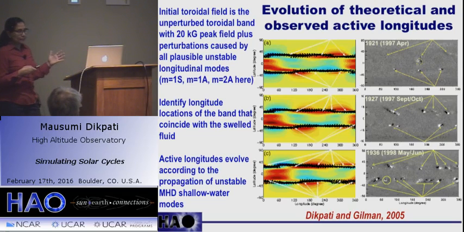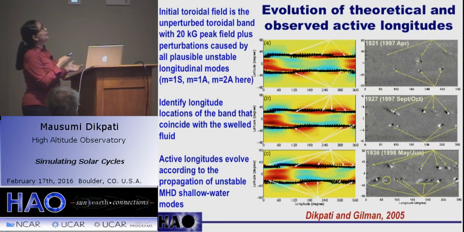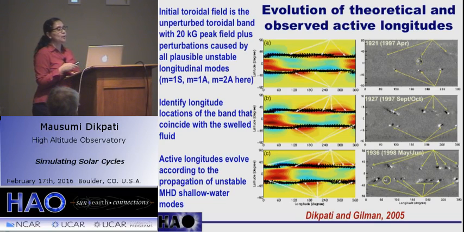With this concept, I explain the evolution of active longitudes. Consider a toroidal band of 20 kilogauss peak field and compute all plausible shallow water unstable modes. Basically, there are not too many: an m equal to 1 symmetric mode, an antisymmetric mode, and an m equal to 2 antisymmetric mode.